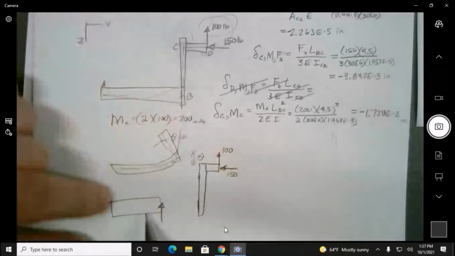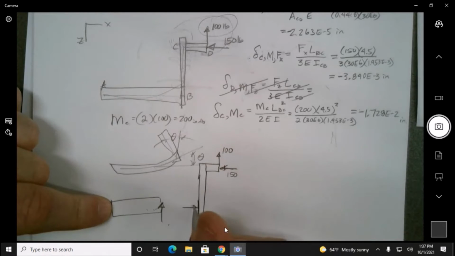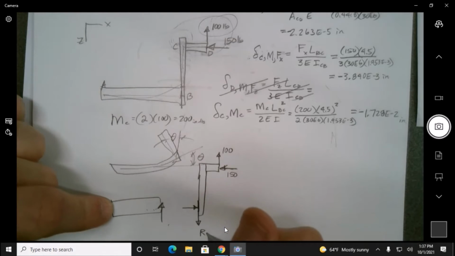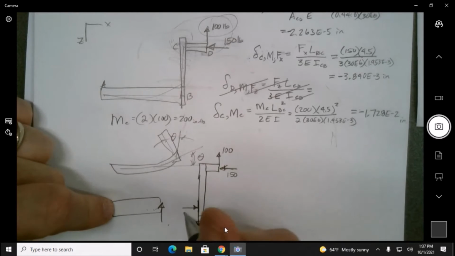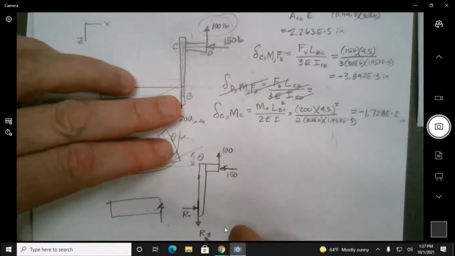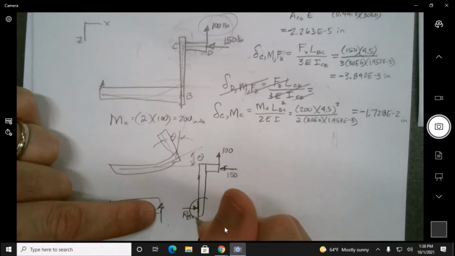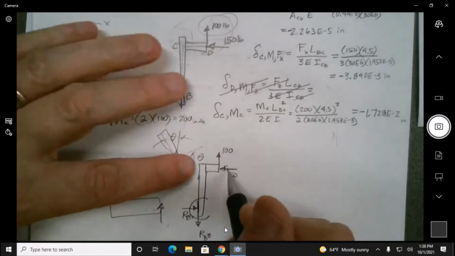Because that's what's going to be seen on this piece right here. So for one thing, we're going to have our reaction forces, RZ and RX. And I might actually want to call those at B, because it's at B in the X direction. But now I'm also going to have a moment.